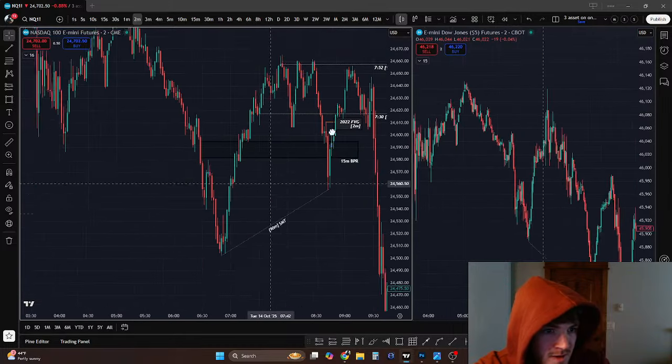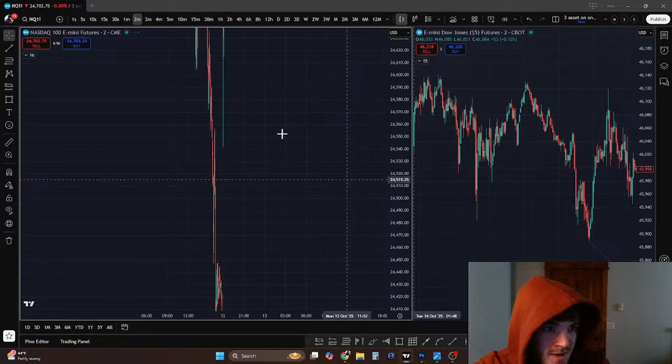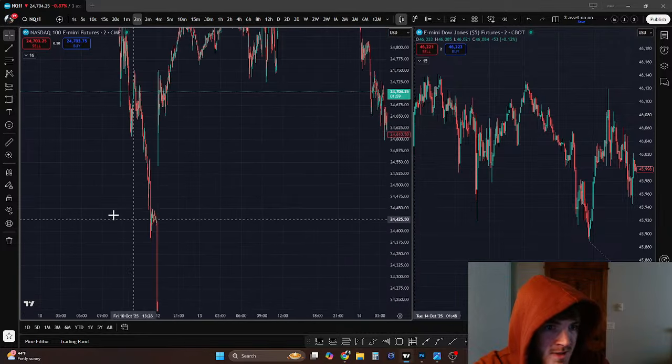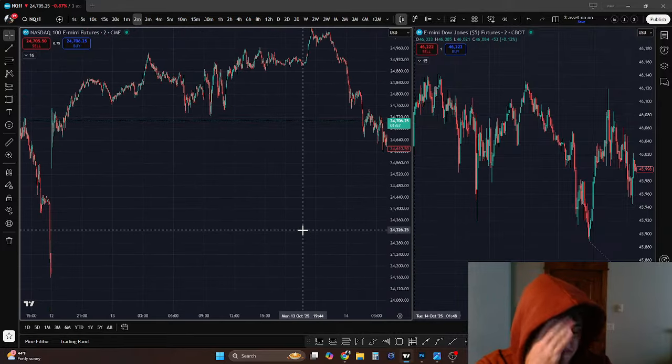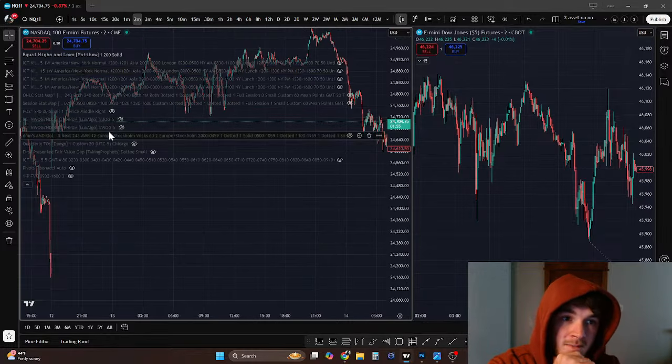As well, we had a previous day's low sweep all the way over here into the void. So this is a new week opening gap. So we tapped the new week opening gap.